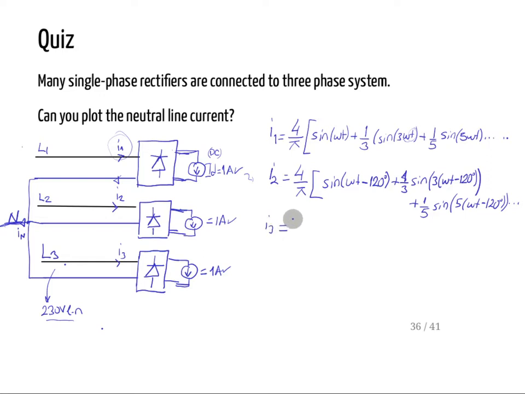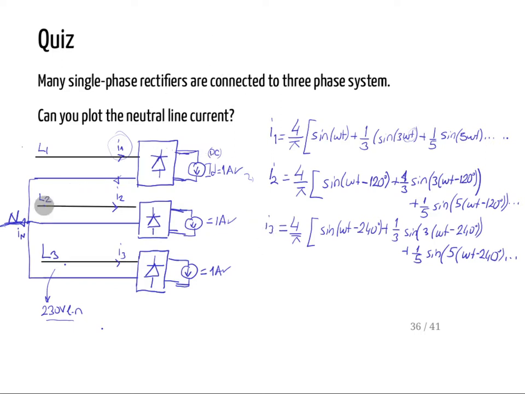I can write the same thing, 4 over pi sine omega t minus 240 degrees plus 1 over 3 sine 3 omega t minus 220 degrees plus 1 over 5 sine 5 omega t minus 250 degrees, and it goes like that.